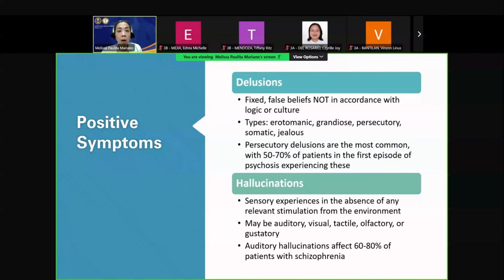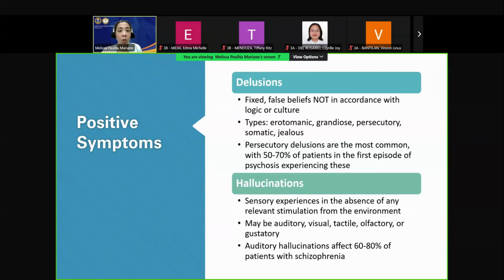Somatic delusions are relatively rare, and this will entail the delusion that something is wrong with their body, usually not just on an anxious level, but like my insides are rotting away slowly, or there are aliens nibbling at my heart, something like that. And finally, the delusions of jealousy are when you really believe that your partner is cheating on you, despite evidence to the contrary.